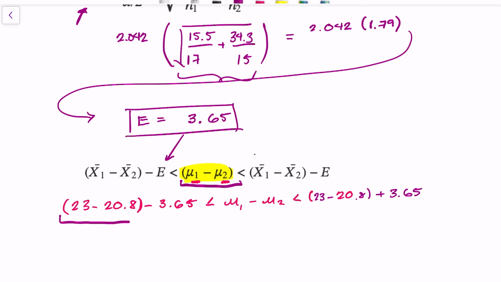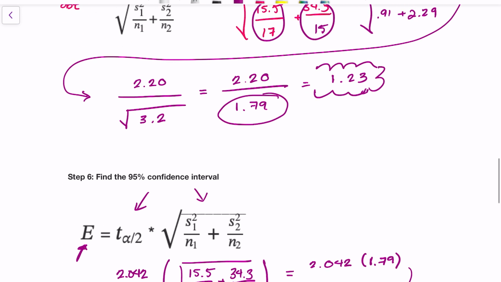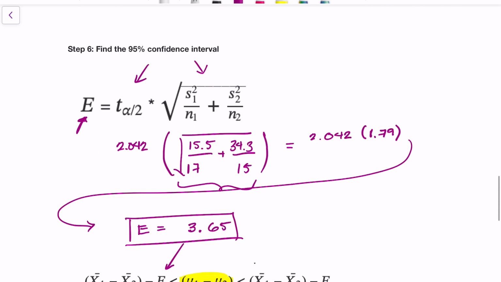We kind of already did this as well when we did the t-obtained. So I know this value is 2.20.